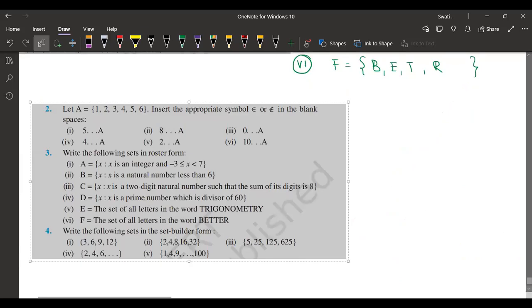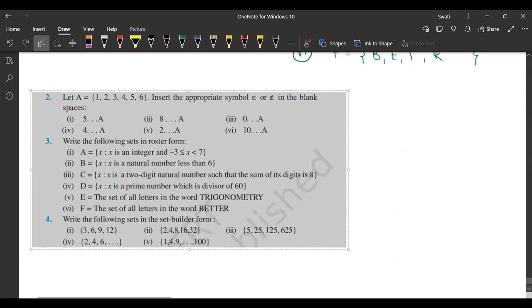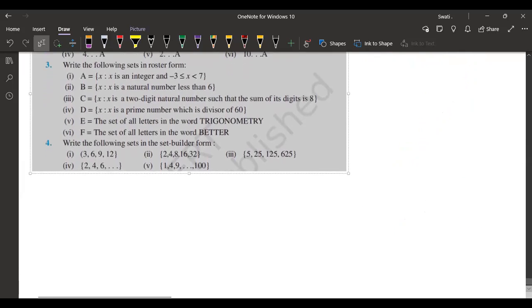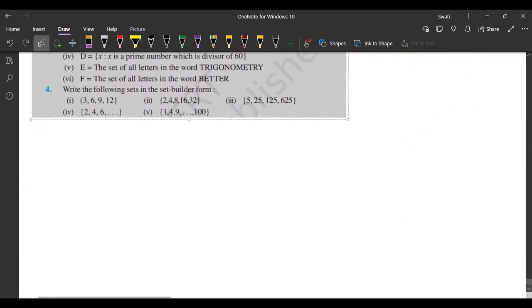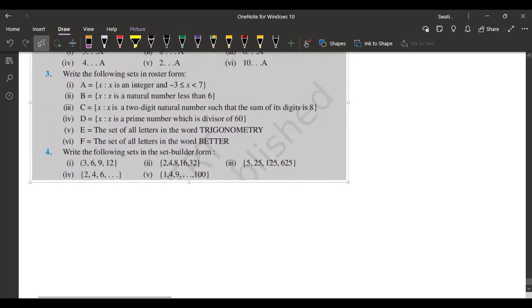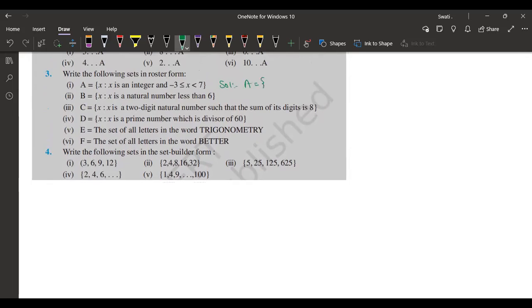I'll solve the fourth question by going a little below. Here it's just the vice versa. You have to write the following sets in the set builder form. I'll make you understand with the help of roster form. Imagine we got the answer for this question. We had the answer A equals minus 3, minus 2, minus 1, 0, 1, 2, 3, 4, 5, 6.